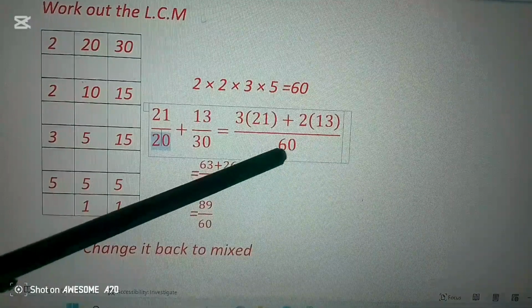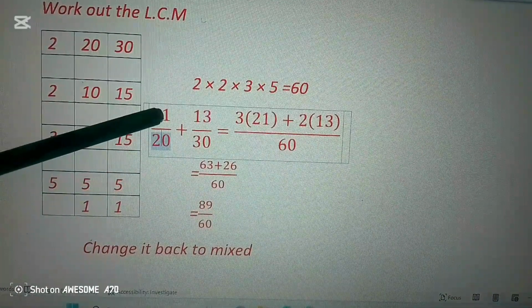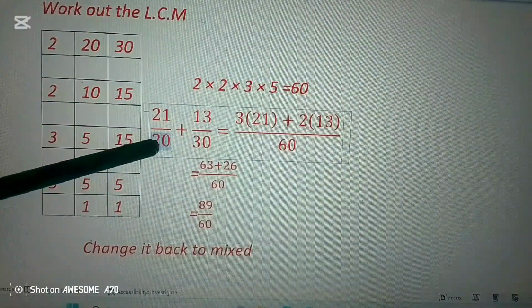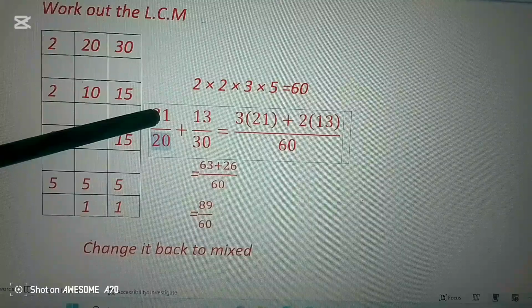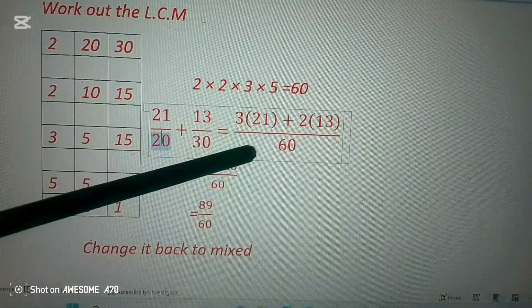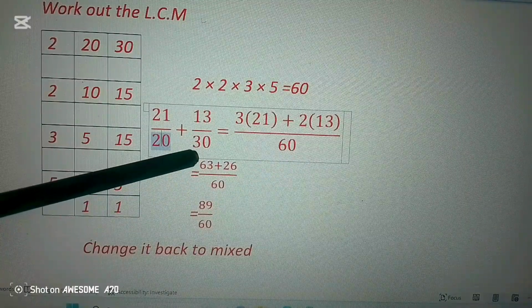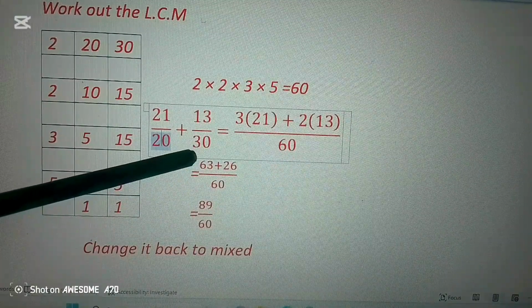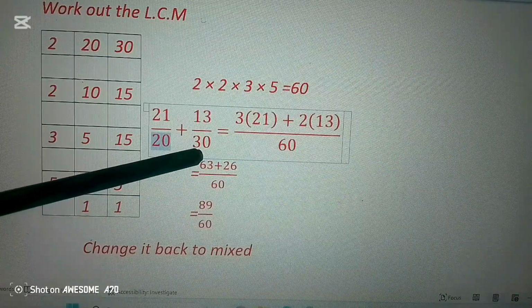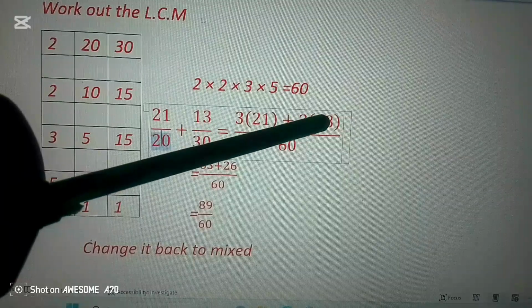So we start with 60 divided by 20 times 21. 60 divided by 20 is 3. 3 times 21, plus 60 divided by 30, which is 2, then 2 times 13.